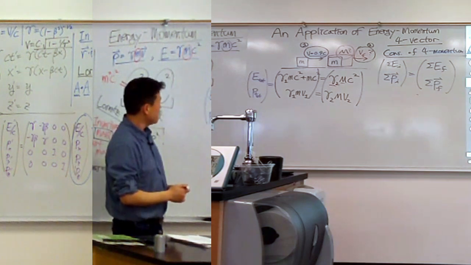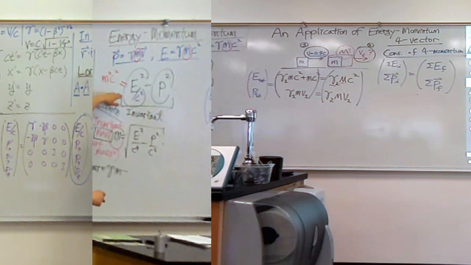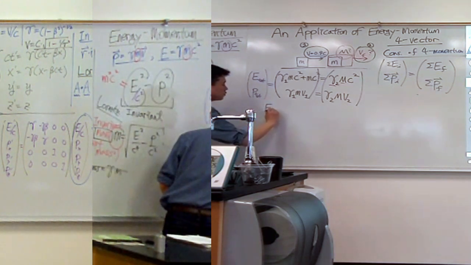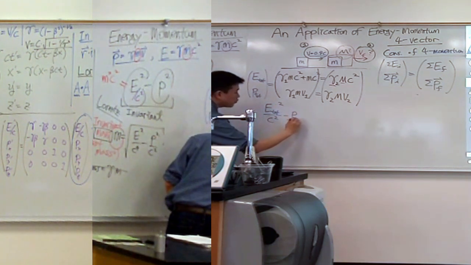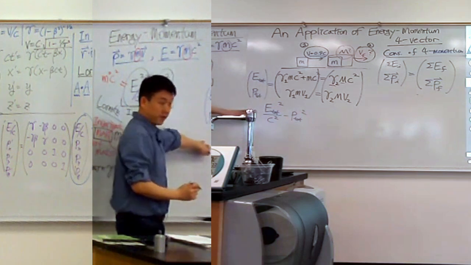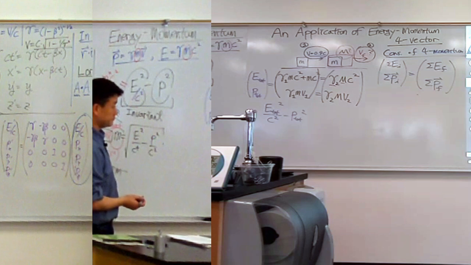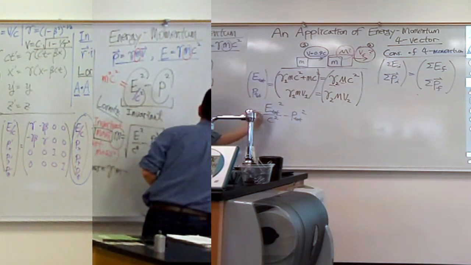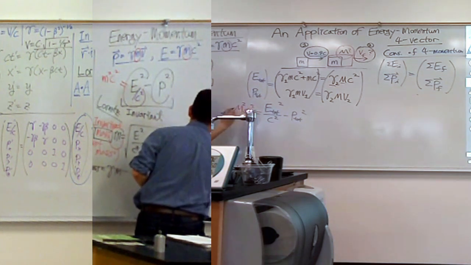Now, what I know from the discussion of Lorentz invariants is that if I calculate this quantity, E total squared over c squared minus the total momentum squared, that's going to straight away give me the mass. That will right away give me m squared c squared, or in our case, capital M squared c squared.